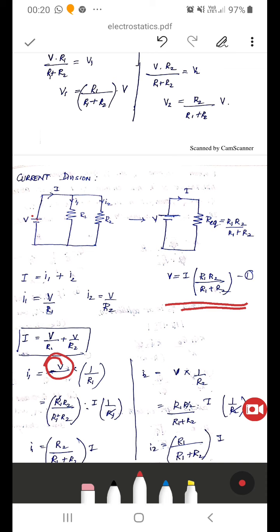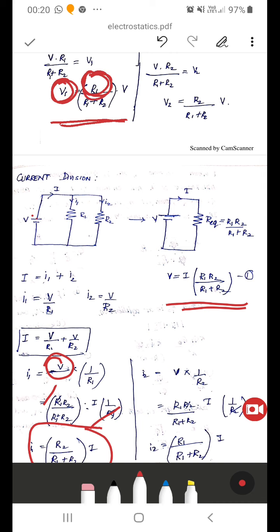So substituting that, we get R1 R2 divided by R1 plus R2 into I into 1 by R1. Cancelling R1 and R1, we get R2 by R1 plus R2 into I, which is the exact opposite of what we see here. Here the potential drop across R1 is given by resistance R1 divided by R1 plus R2.